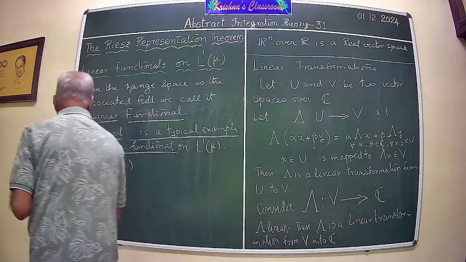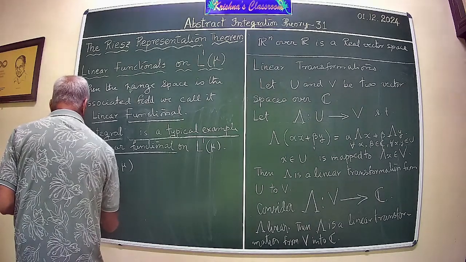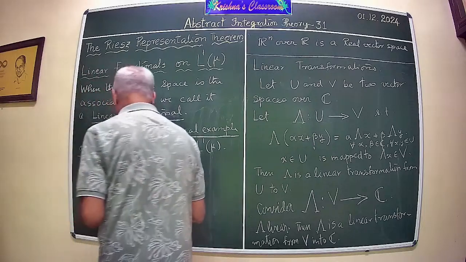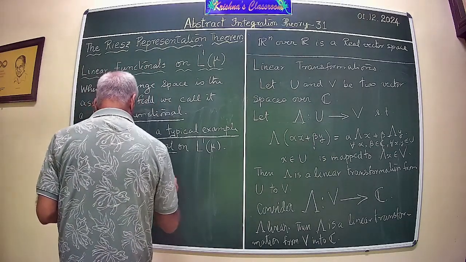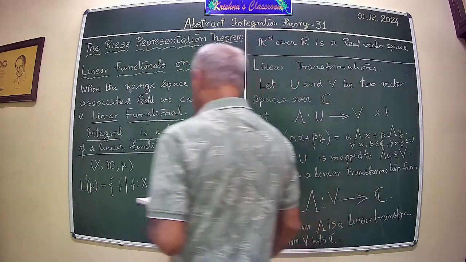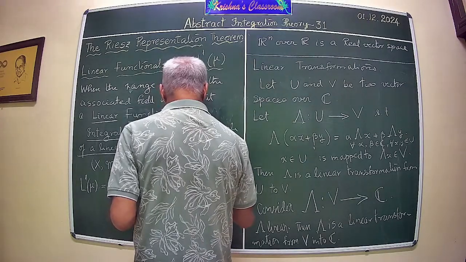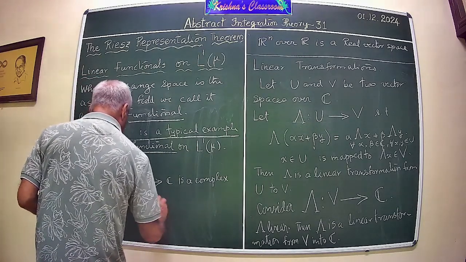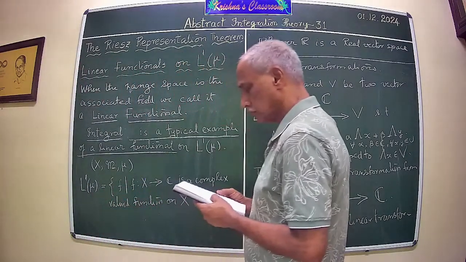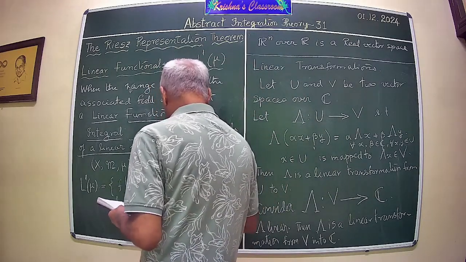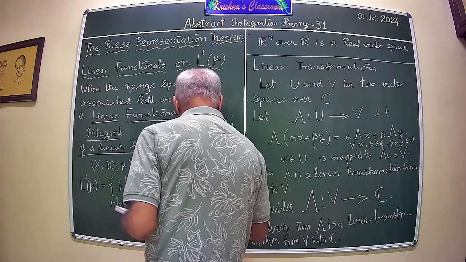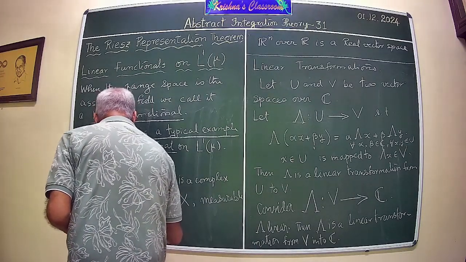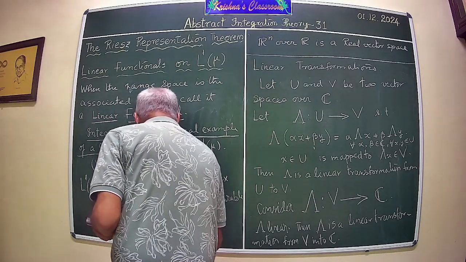Now we define L1 mu as the set of all f from x to C, complex valued, x measurable, and such that the integral over x of mod f d mu is finite.